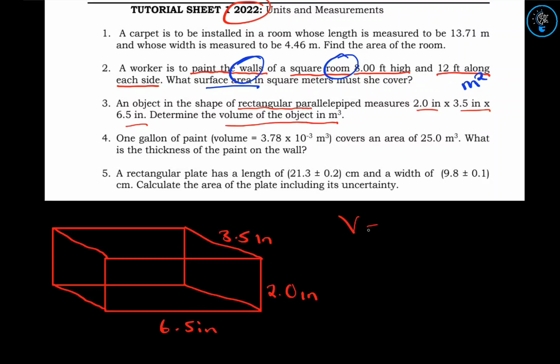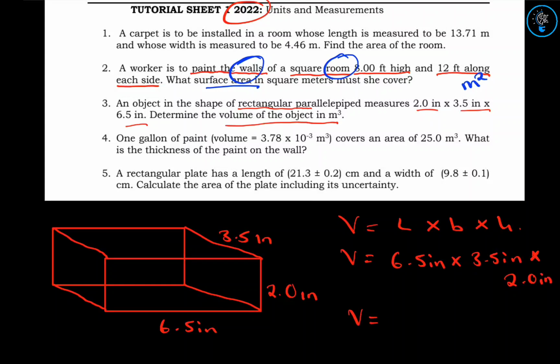Okay, so we know that volume is equal to L times B times H. So our L is 6.5 inches, times our breadth, which in this case is 3.5 inches, multiplied by our height, which is 2.0 inches.